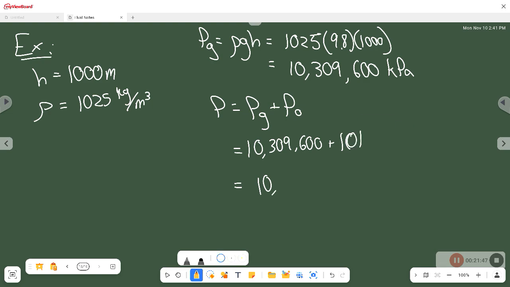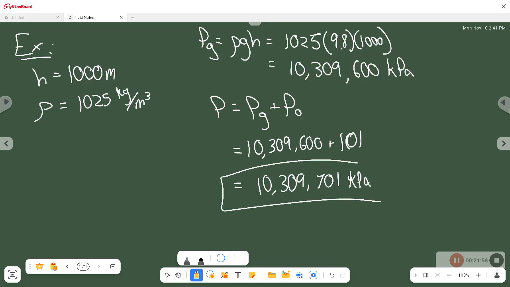So our final answer here is 10,309,701 kilopascal. If you go 1,000 meters deep under the surface of the ocean, you are going to find that much pressure. This is kind of why we as humans aren't able to go that deep underwater, because that is a deadly amount of pressure.